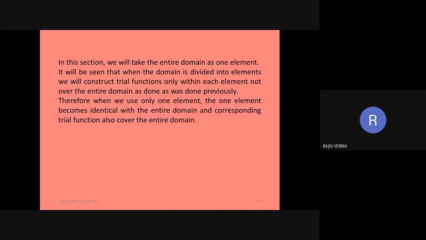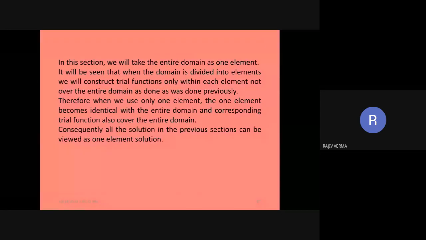Therefore, when we are using only one element, the one element becomes identical with the entire domain, and the corresponding trial function also covers the entire domain. Consequently, all the solutions in the previous sections can be viewed as one element solution.